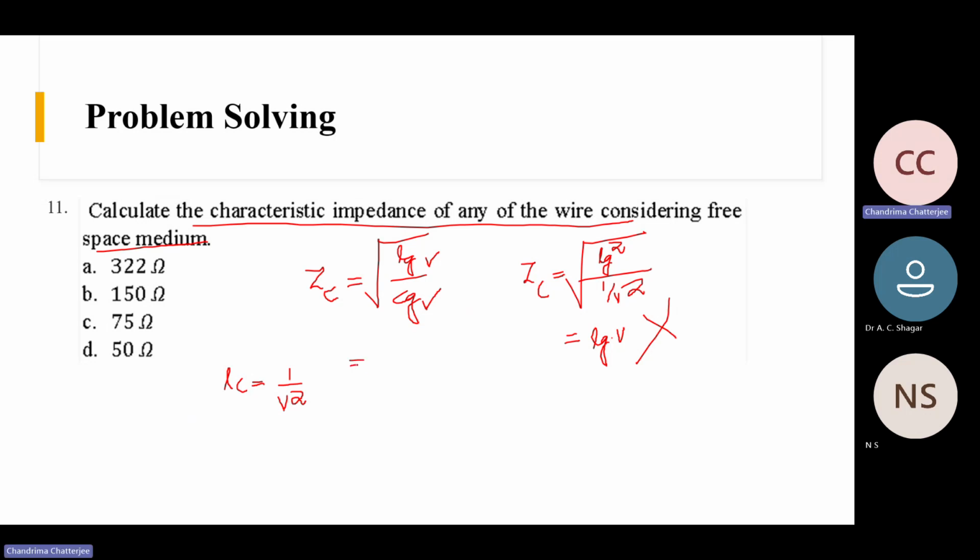So you will have to use this one. LG and CG, both the values we know. LG value is 1 microhenry per meter, so this is 10 power minus 6. And CG value we just calculated. It was 9.67 picofarad per meter, so 10 power minus 12.